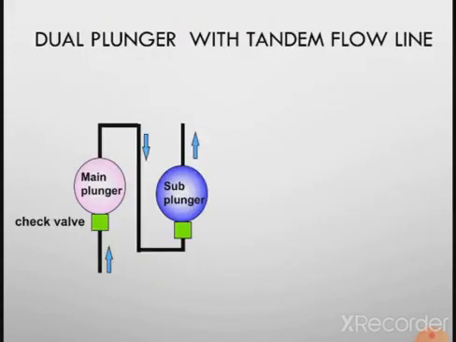So this is the next diagram in which we see the dual plunger with the tandem flow line. Here is the check valve, and the main plunger provides the forceful liquid to the second sub plunger.